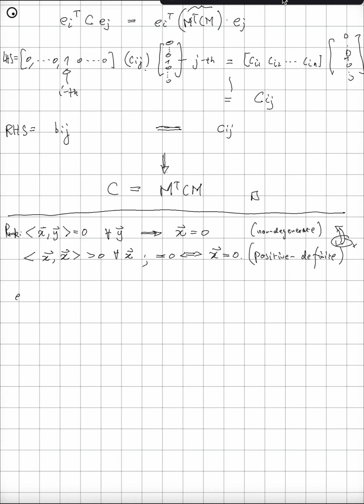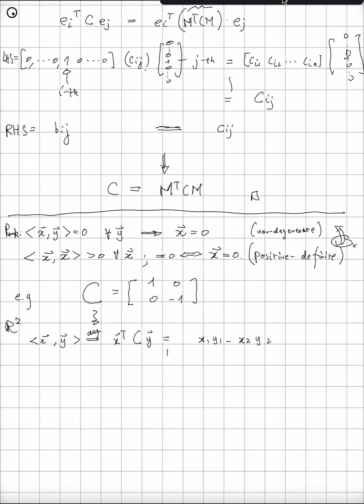So let's take an example. If you use your matrix C to be 1, 0, 0, minus 1, and we're talking about R2, right? So your bilinear map induced by this would be x transpose C y, which is x1 y1 minus x2 y2.